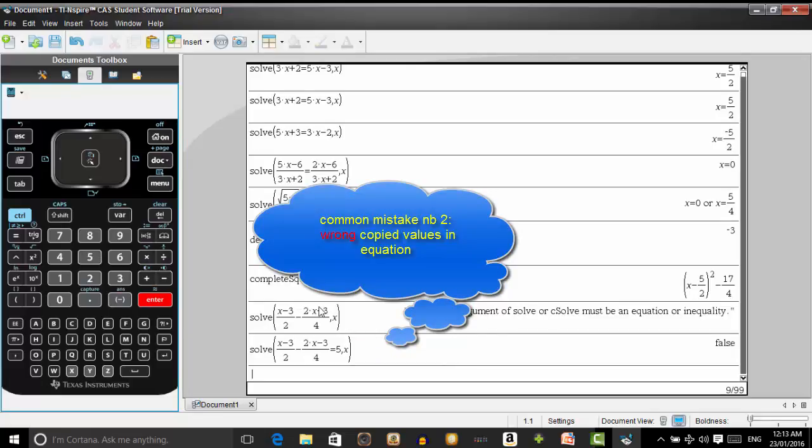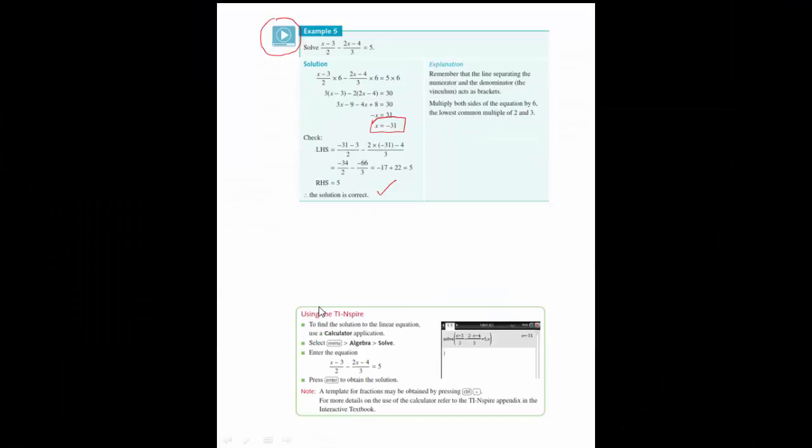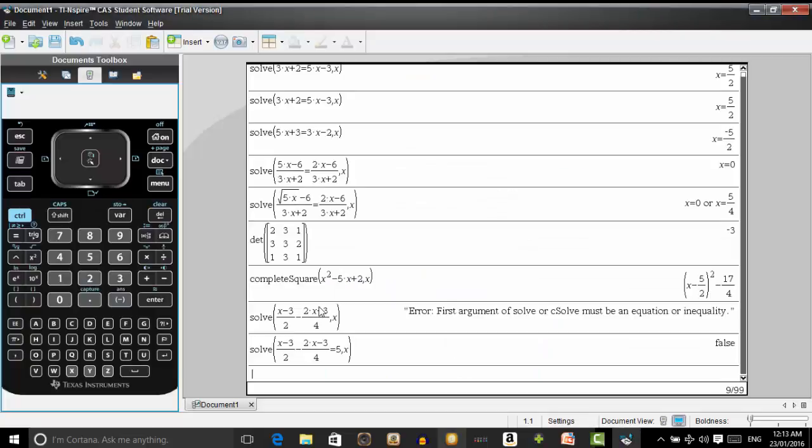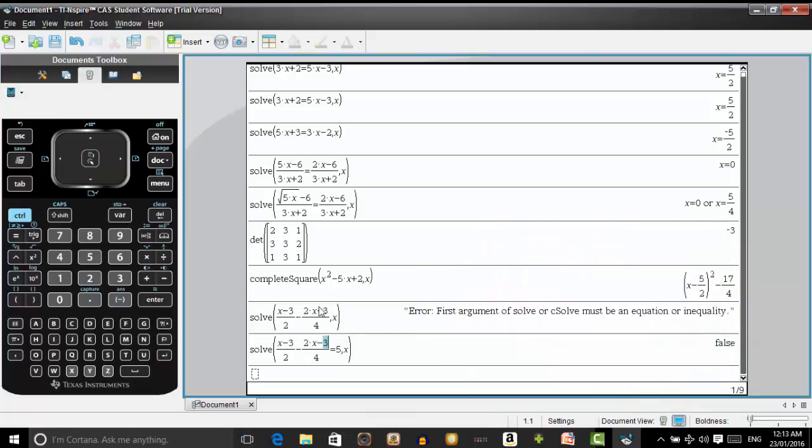Let's see, if I write the thing x minus 3 over 2 minus 2x minus 4 over 3. You copy it exactly like this.